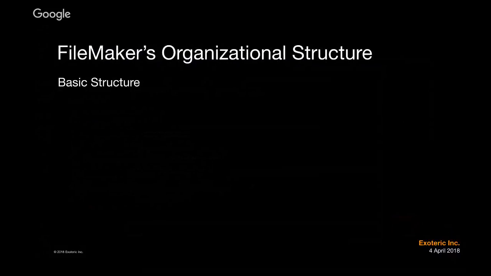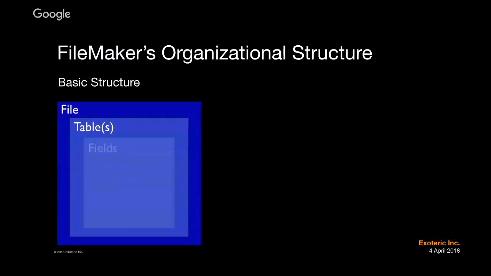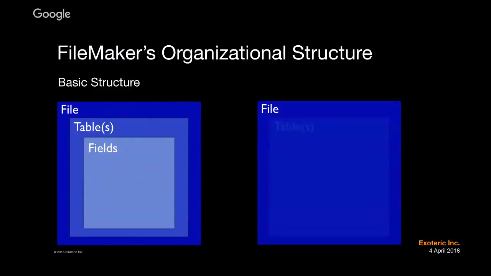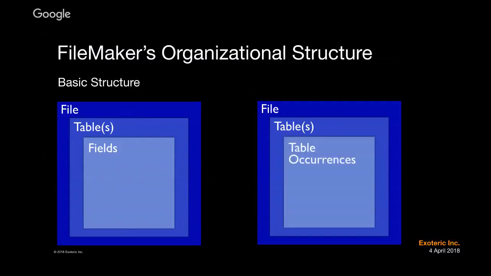So FileMaker's organizational structure, one way of thinking about it is that we start with a file. Inside of a file, we've got tables, and then inside of tables, we have fields. Well, another way of looking at the exact same thing is that inside of a file, we've got tables, and tables have table occurrences, and table occurrences have layouts and scripts and calculations.